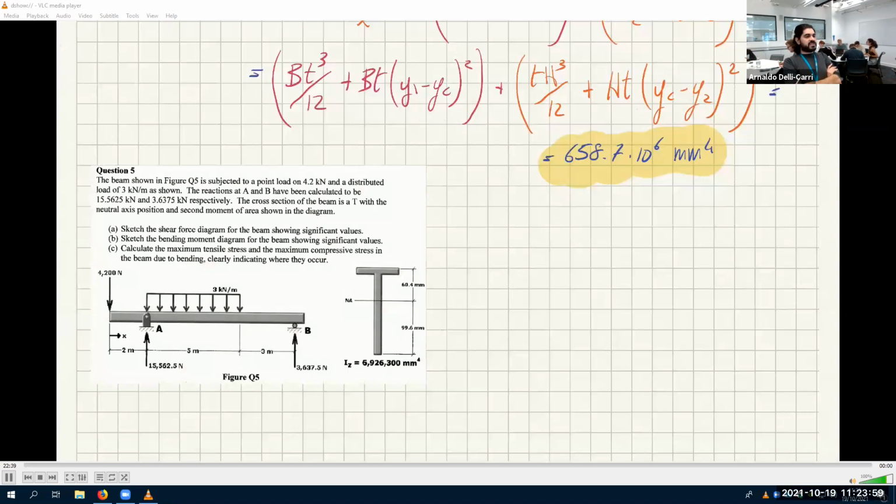We have this beam with a constraint, a point load, a distributed load of 3 kilonewtons per meter, a point load of 4,200 newtons, 2 reaction forces that are already calculated, and a cross-sectional area that looks like that, which we already found. As you can see, we already have the position of the centroid, which is 99.6 millimeters from the bottom or 60.4 millimeters from the top.